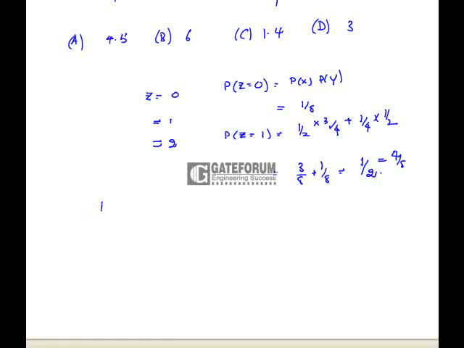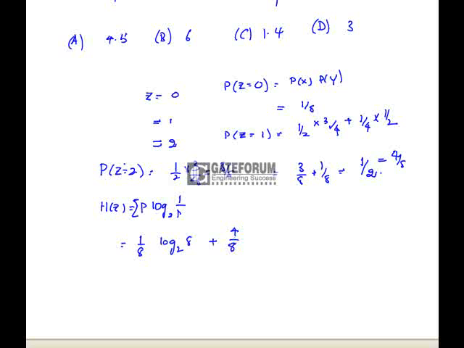Here the entropy is H of Z, equal to the summation of P log base 2 of 1 by P. That is 1 by 8 log base 2 of 8 plus, here probability of Z equals 2 is nothing but 1 by 2 into 3 by 4, which is equal to 3 by 8.